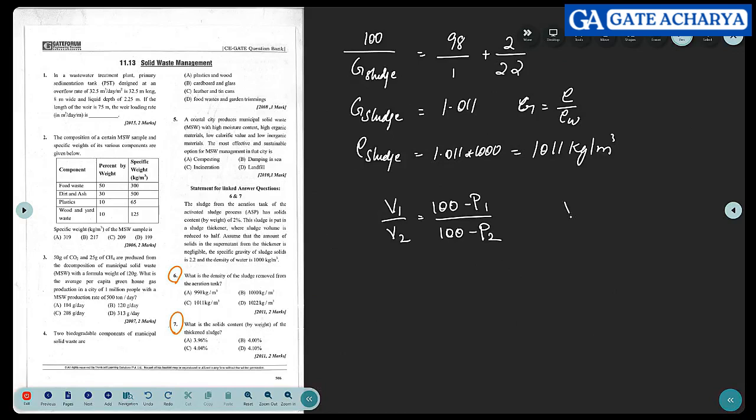So it is clear that V2 is equal to 0.5 times V1. With this, V1 divided by 0.5 V1 is equal to 100 minus P1. Initially, what is the percentage of water content? As it carries only 2% solids, the percentage is 98, divided by 100 minus P2. What is the P2 value?